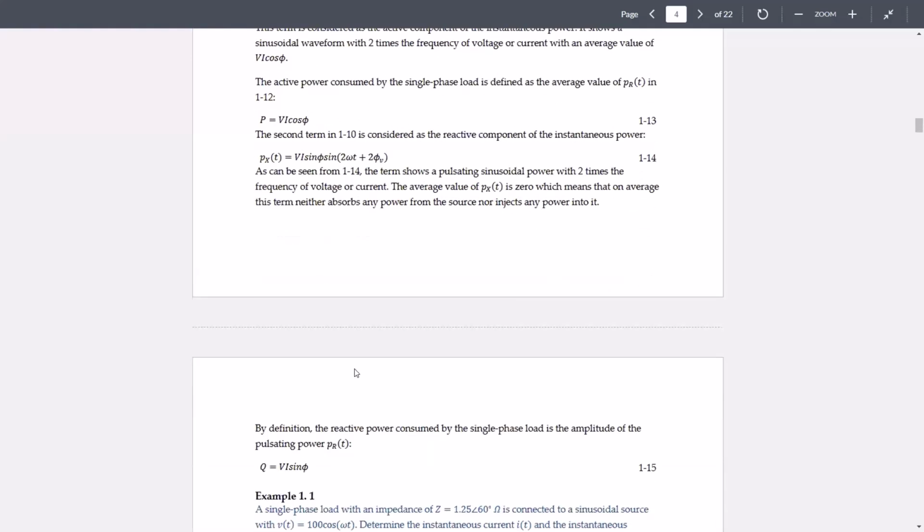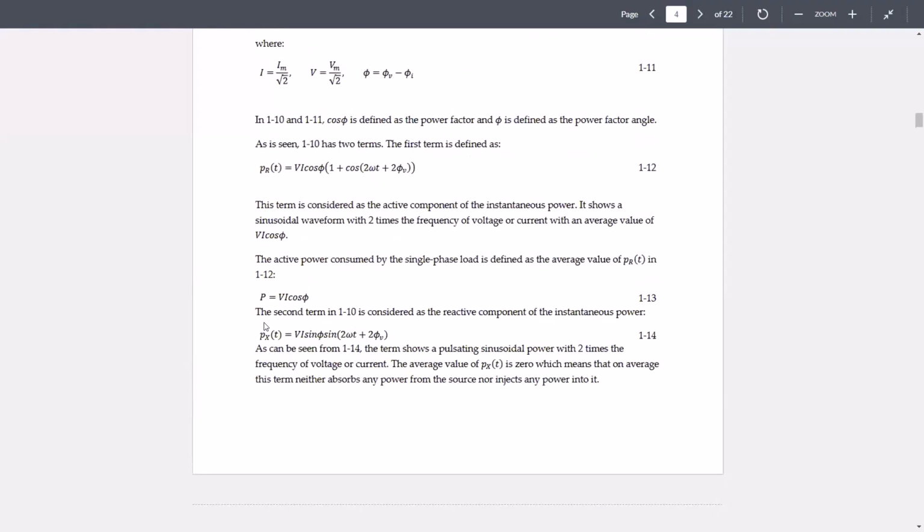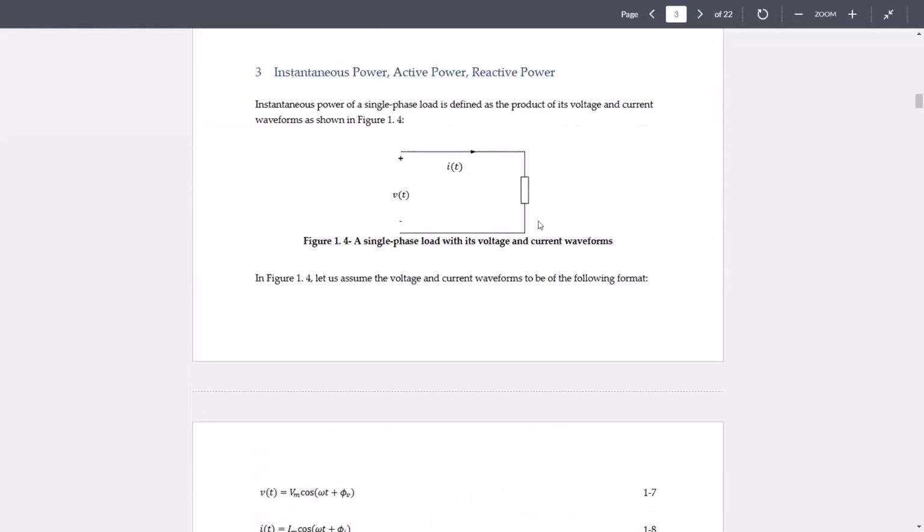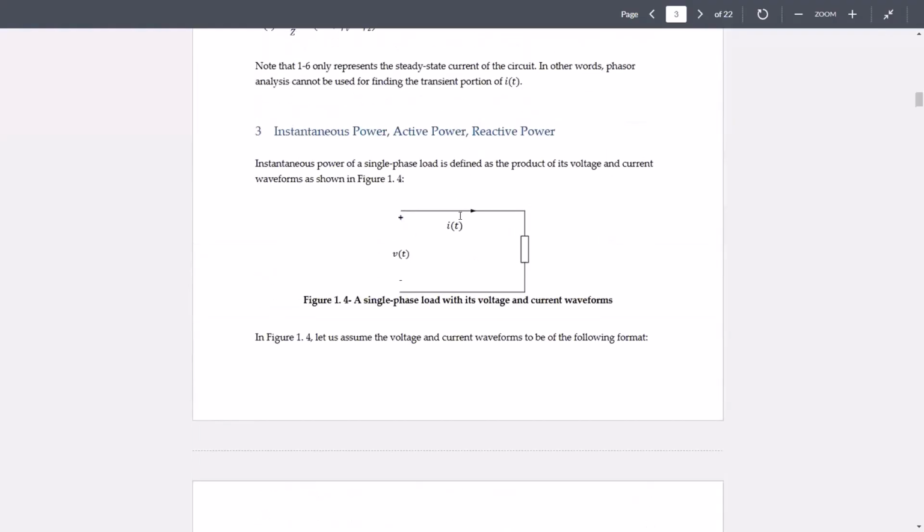All right, so what is the difference between active power and reactive power? The active power is just a term that in this case is going to be consumed on an average basis, is going to be consumed by your load. So this means that if this is a load, there should have been some generator somewhere that provides that power to your load.